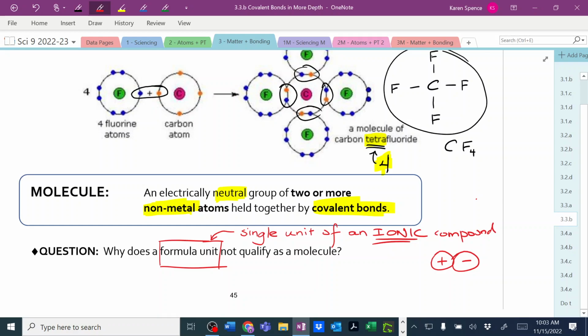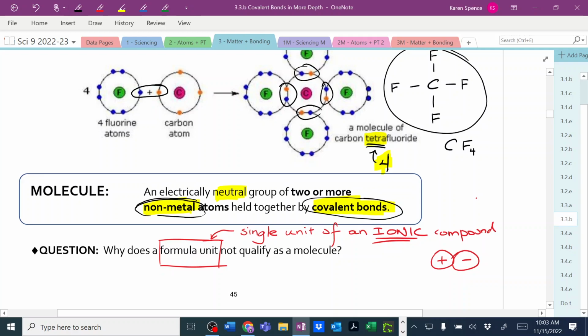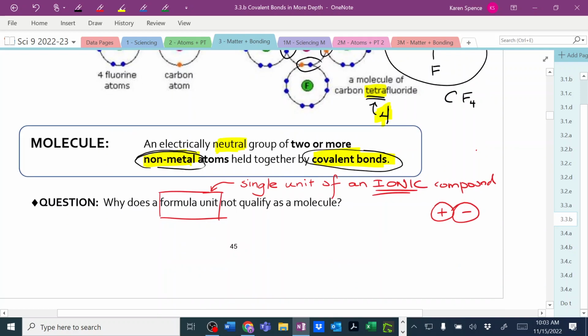Why is that not a molecule? Remember, we just talked about molecules. Molecules are made of 2 or more nonmetals bound by covalent bonds. Not quite.